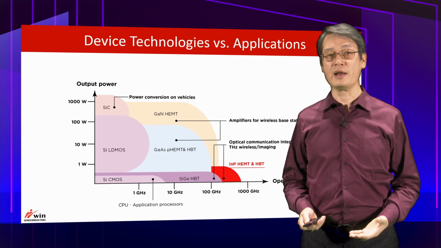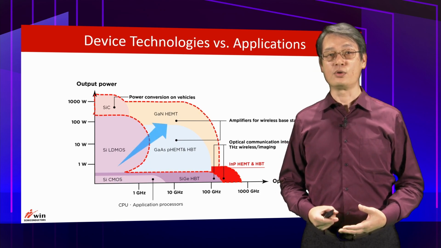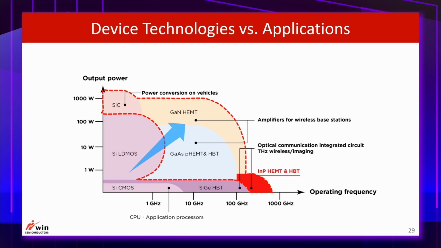High frequency and high power are of different challenges. The greatest challenge is for application toward the upper right corner of the chart. Compound semiconductor device technology is the best solution in this category.